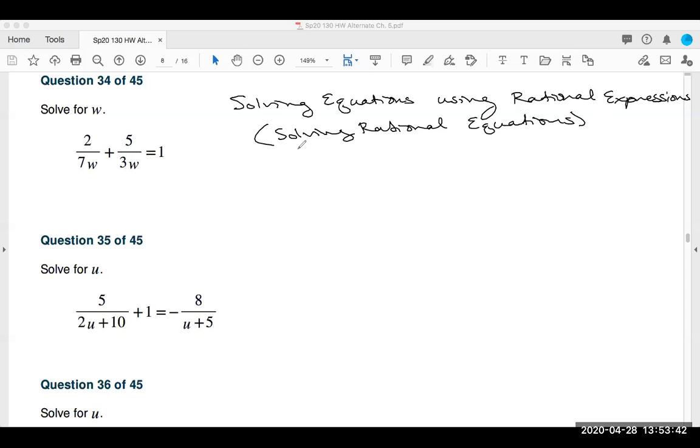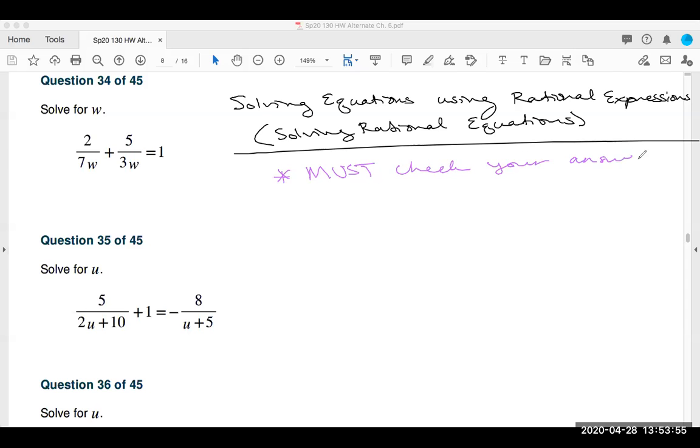For these ones, I want to emphasize you must check your answers in the original equation. We'll see where this comes into play a little bit later.